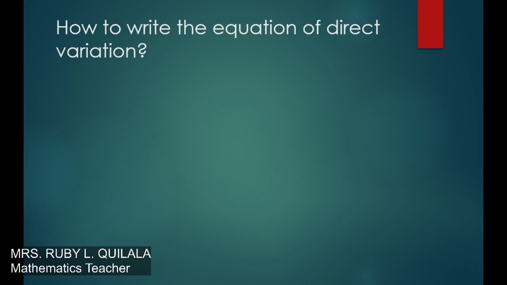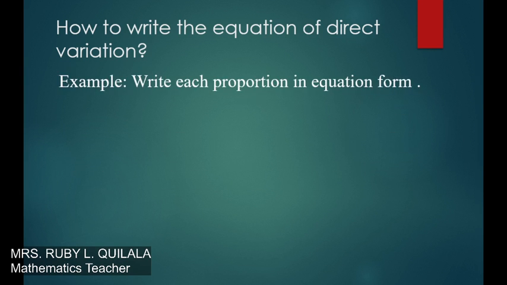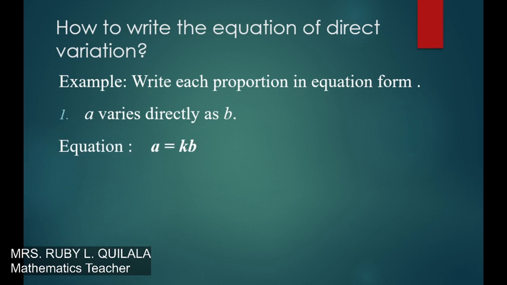How to write the equation of a direct variation. Let's have these several examples to illustrate how to write the equation of direct variation. For example, write each direct proportion in equation form. Number 1, A varies directly as B. The equation for this is A is equal to KB, where K is the constant of variation.